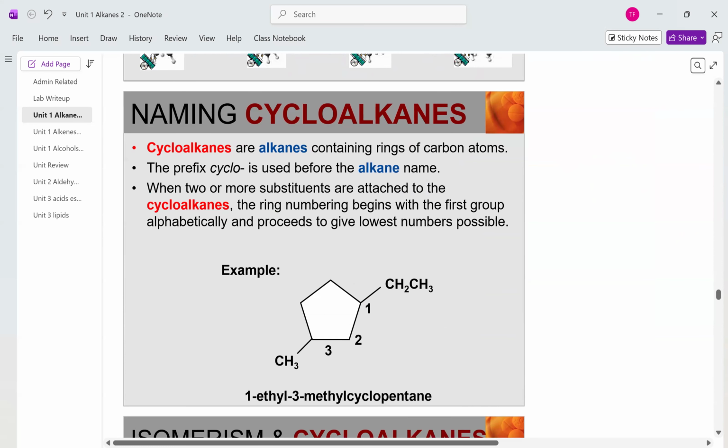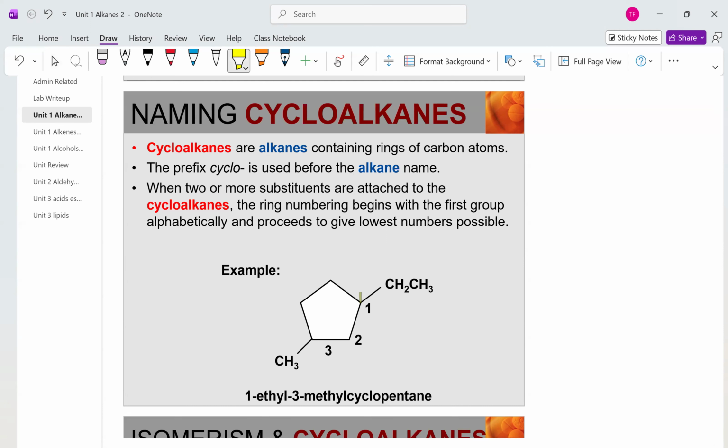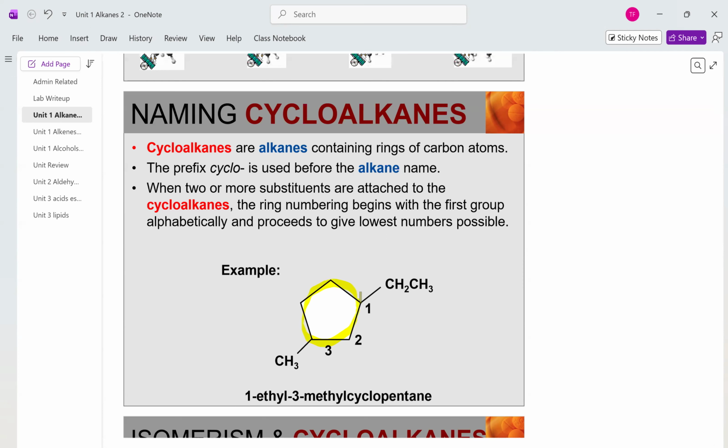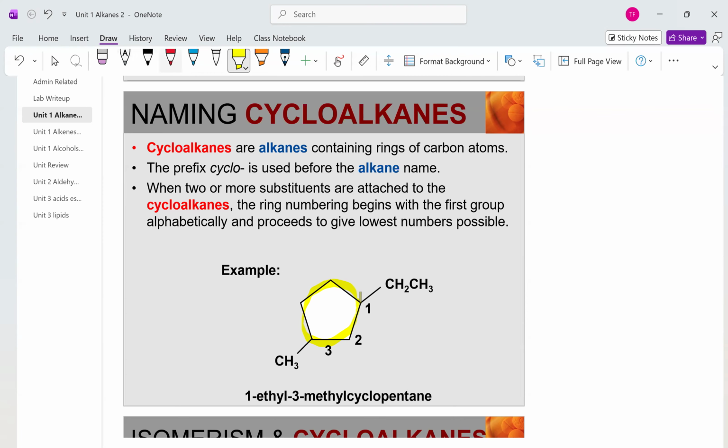Okay, so whenever you have a cyclic alkane, it's automatically the backbone. So that makes this the backbone. And normally what you do is you choose one of the branches as carbon number 1. However, you can number it clockwise or counterclockwise.